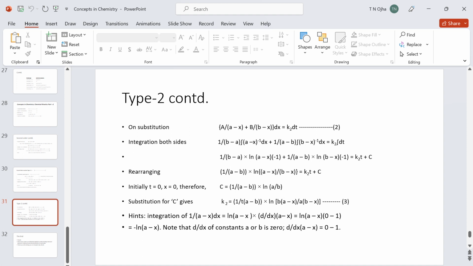Here a and b are initial concentrations of reactants. So in this manner, this type of complex equation results.